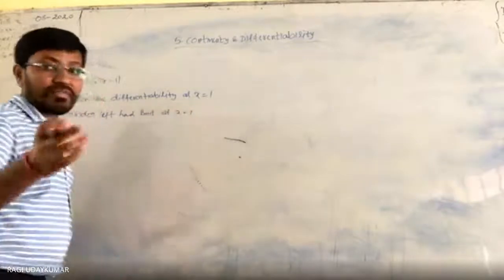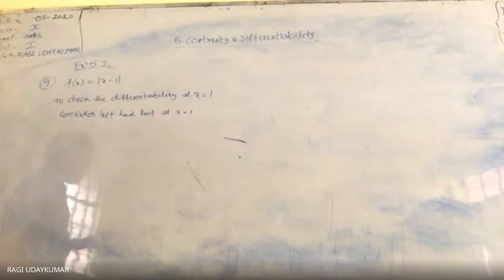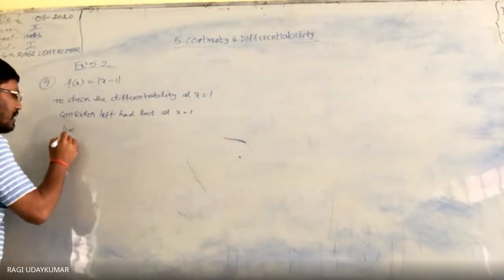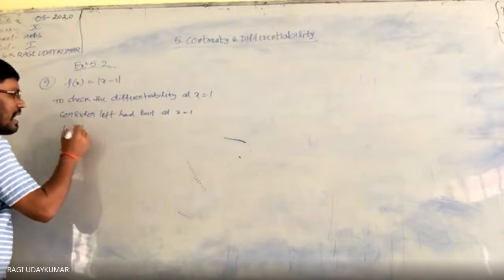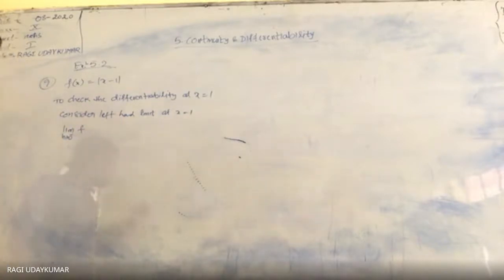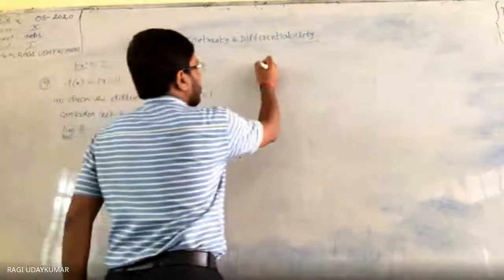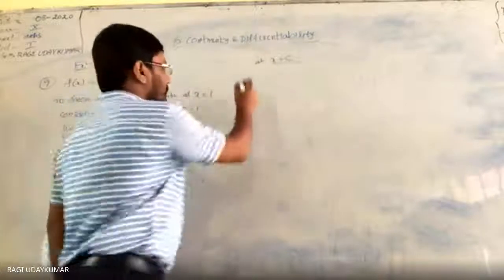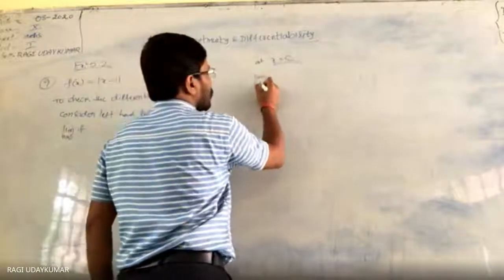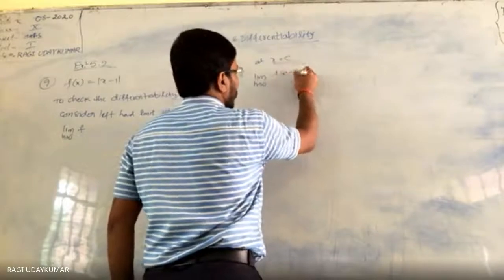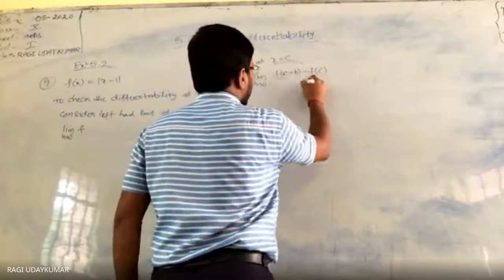So, the definition of the derivative is what you have to take into consideration. Whether a function is differentiable at x equals c or not, you take the limit as h tends to 0 of f of c plus h minus f of c by h.